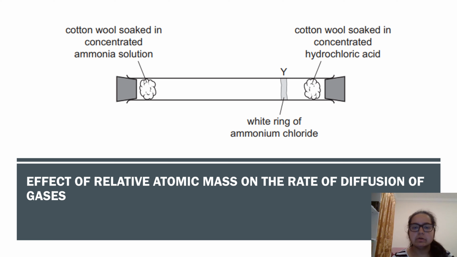Now this happens because ammonia has a lower relative molecular mass compared to hydrogen chloride, so it can diffuse faster, so it diffuses quickly, whereas HCl has a higher relative molecular mass and cannot move so fast, so it goes slowly, and hence the ammonium chloride is formed at Y, which is near to HCl.